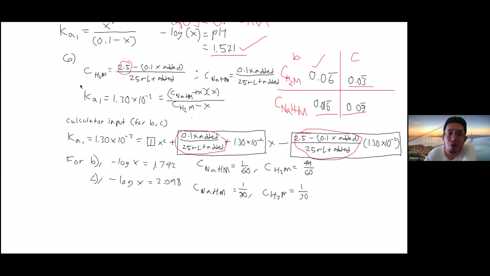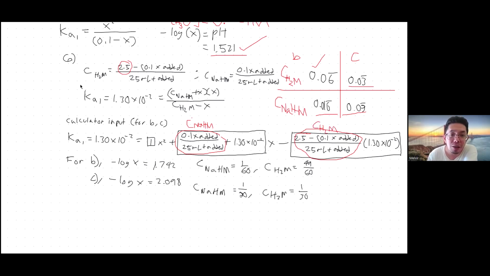this will be the sum of your concentration of sodium hydrogen maleate plus the Ka1. Yan. While yung letter C mo, that will be negative the product of concentration of malic acid, so yung remaining malic acid, and the Ka1.